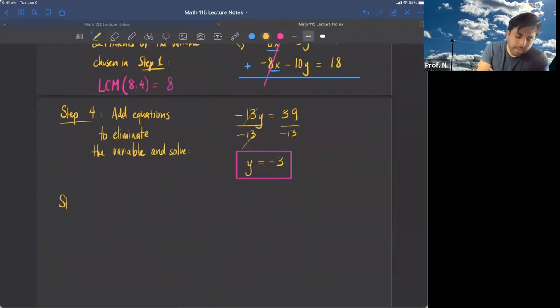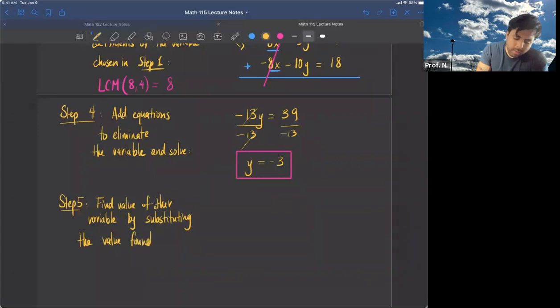And then once I have that, step 5, find value of other variable by substituting the value found in step 4 into one of the original equations.